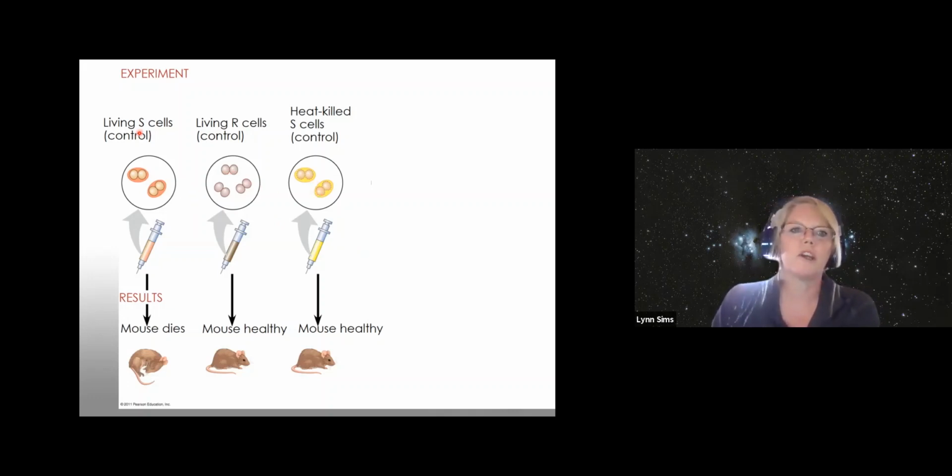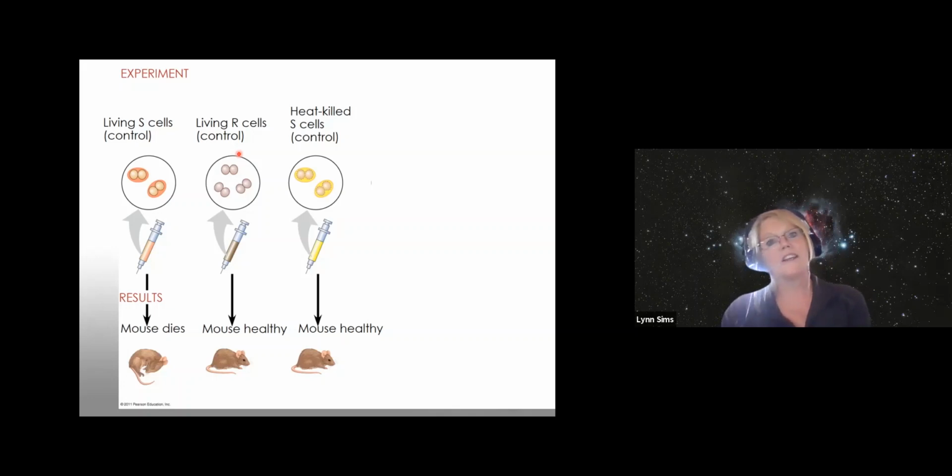The S cells, remember, are the pathogenic ones. This is basically a positive control, where the mouse is expected to die because this is a pathogenic strain. Then this would be the negative control, where the living R cells, the non-pathogenic strain, are injected into the mouse, and the mouse is expected to survive because it's not pathogenic.